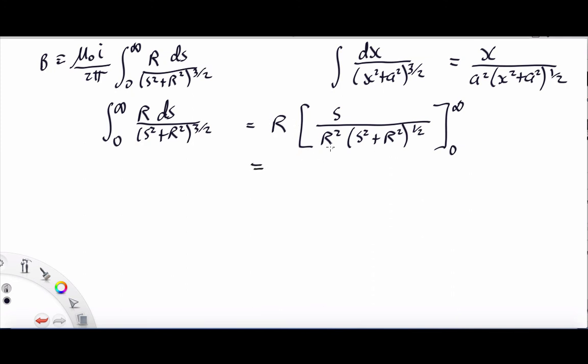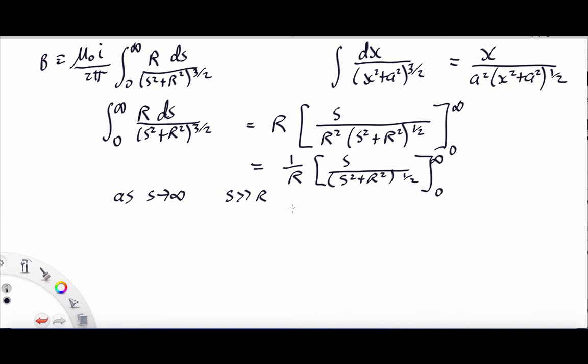So that, with our R over R squared coming out the front, 1 over R times s over s squared plus R squared to the 1/2 from 0 to infinity. So let's look at what happens as s approaches infinity.